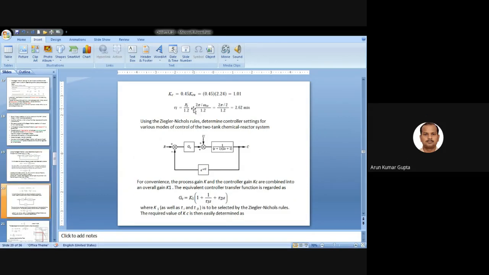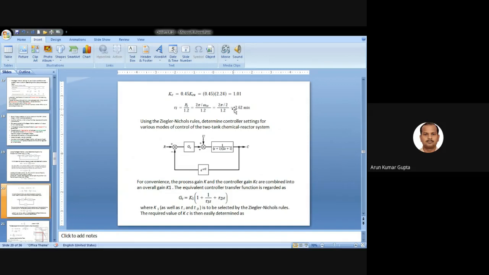Now for tau I we have the relation Pu upon 1.2, and Pu is basically 2 pi upon omega crossover, and corresponding to this we find that it is 2.62. So we know Kc and tau I. So from this analysis we can get some initial guess about the parameters, right?